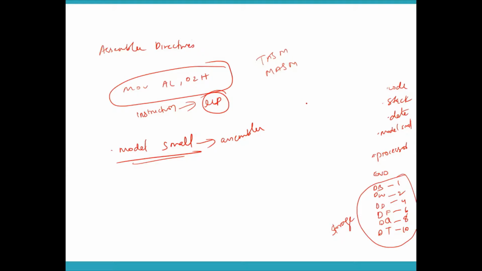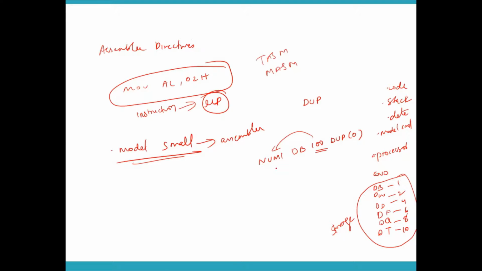There are certain words which are used as operators. For example, DUP is an operator. It's an assembler directive only, but it is used as an operator. If I write num1 db 100 dup 0, this means I'm reserving 100 locations for the variable num1.